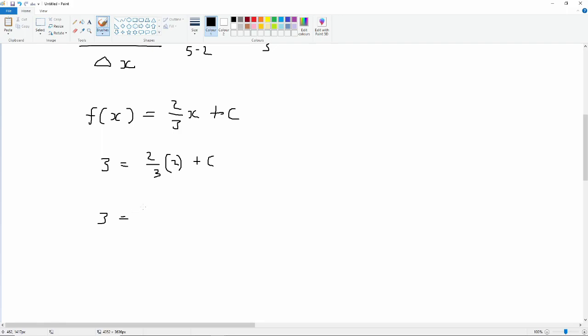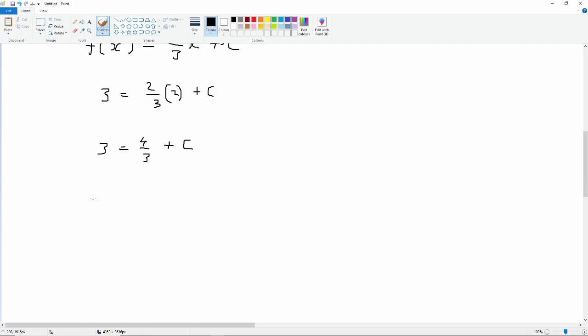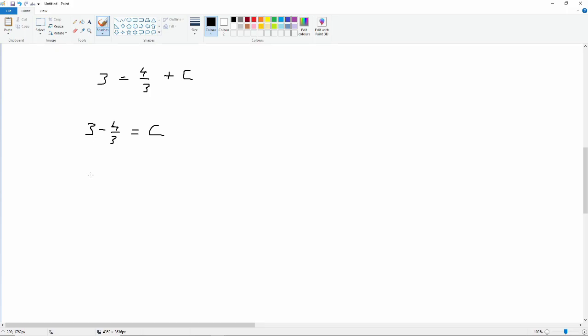Okay, well 2/3 times 2 is 4 over 3. So 3 is equal to 4 over 3 plus c. So 3 minus 4 over 3 is equal to c. Well, we can think of 3 as 9 over 3, because 9 divided by 3 is 3, and then minus 4 over 3 is equal to c.